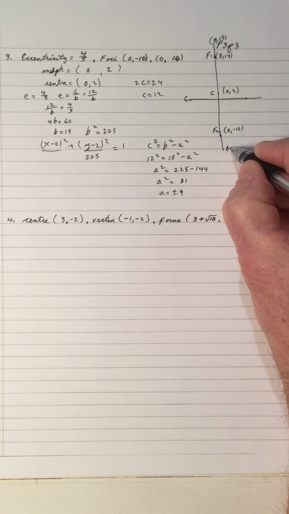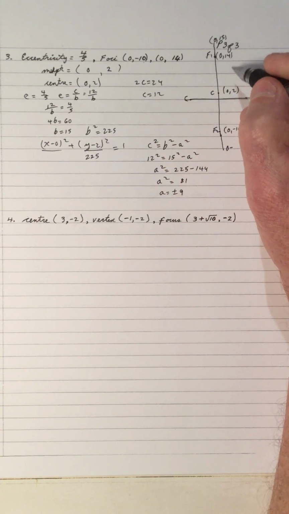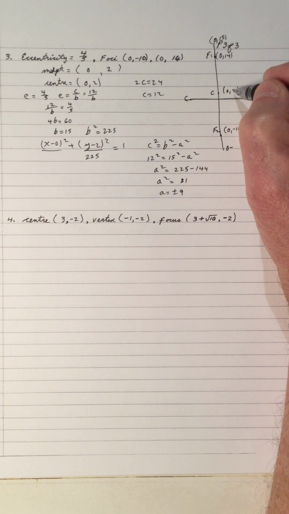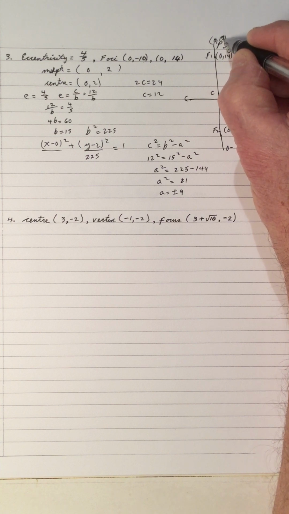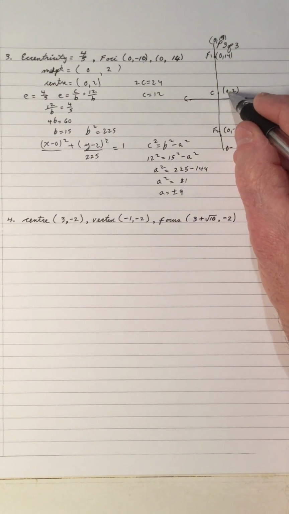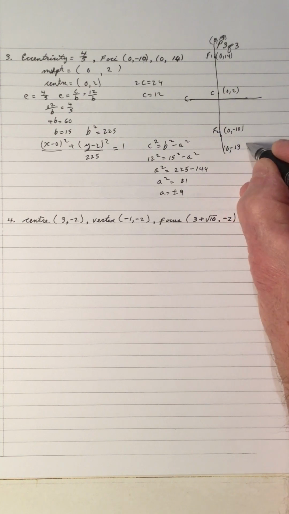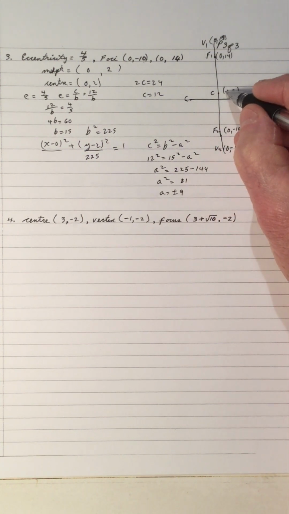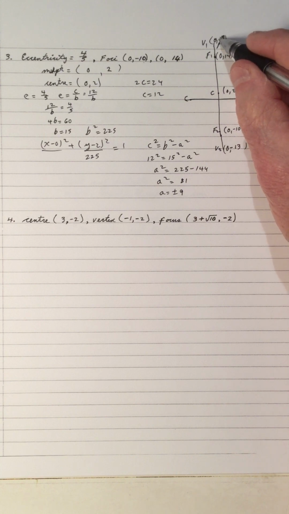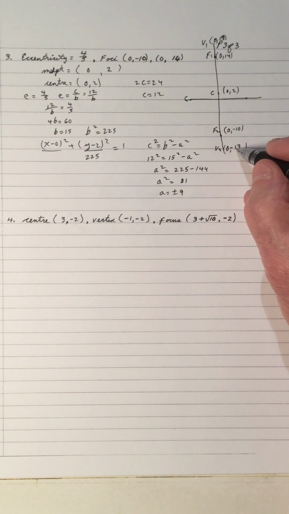We take the center and add on 15 to go up, so that's 0, 17, and 15 down from 2 is 0, negative 13.